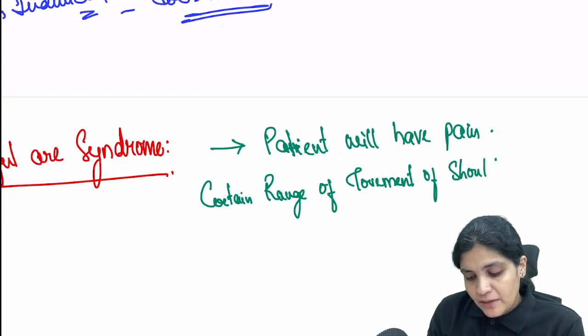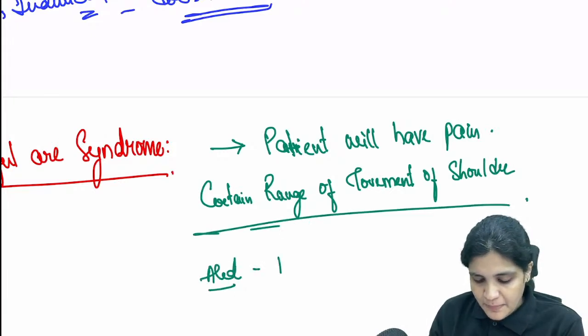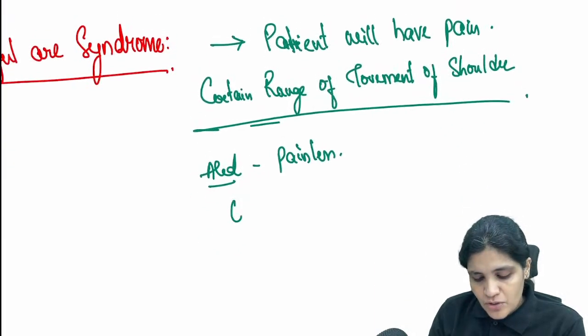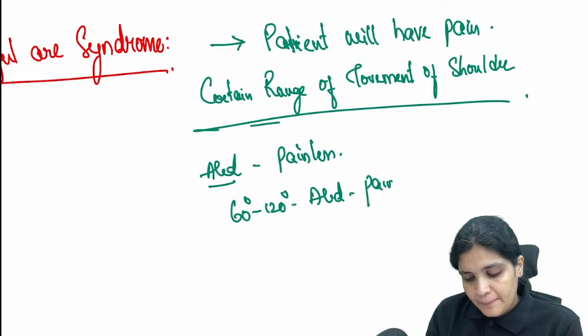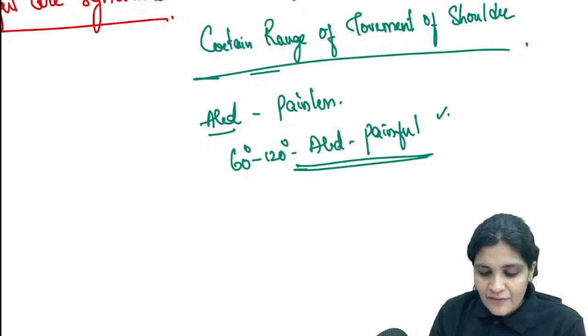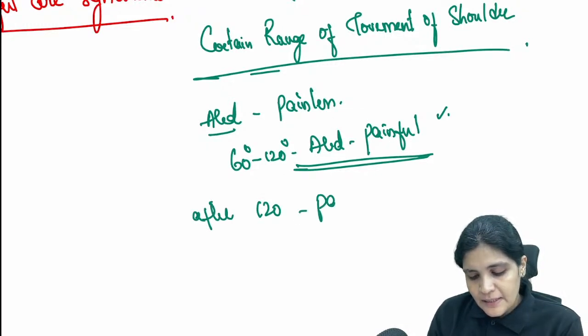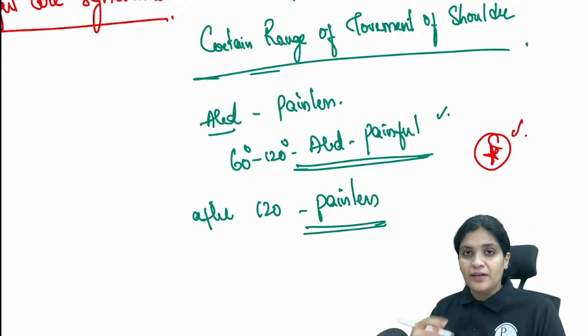Initially, the initial abduction is painless, and then once he goes to 60 to 120 degrees of abduction, it is painful, right? And again after 120 it becomes painless. This is one of the most important questions they will usually ask you whenever they talk about the movements.